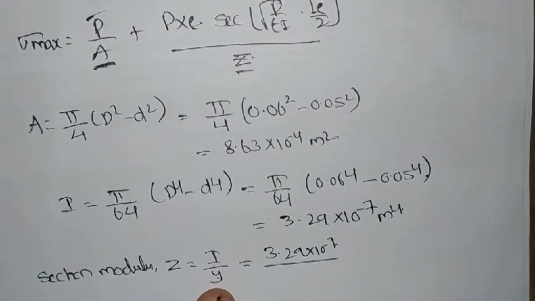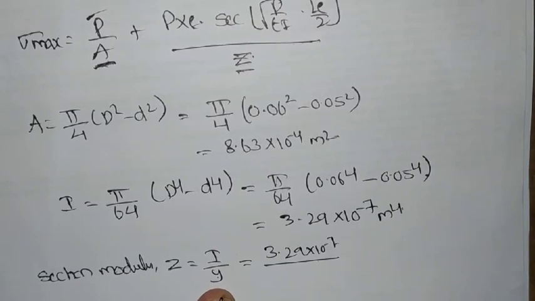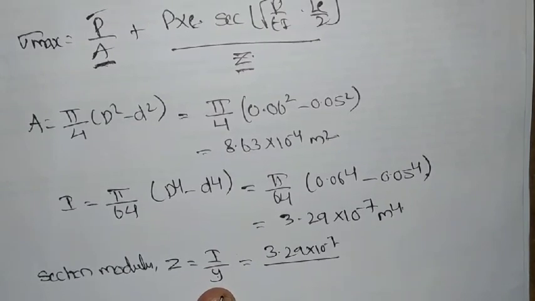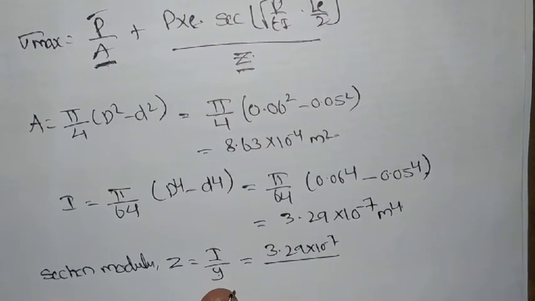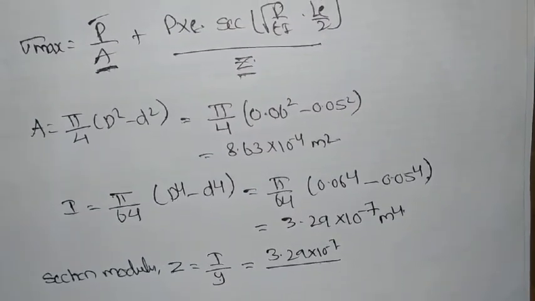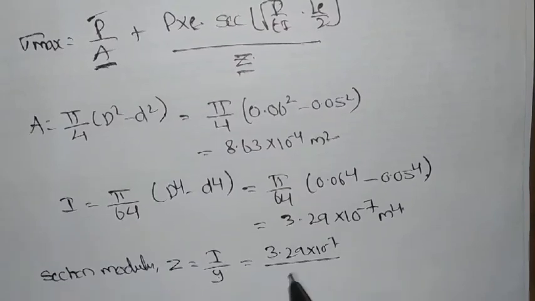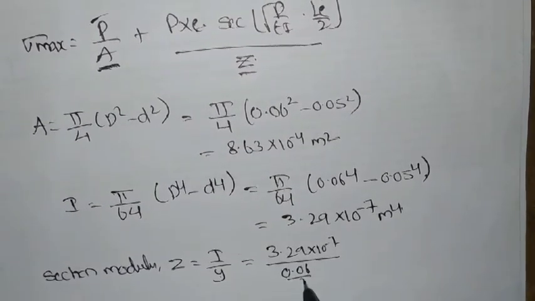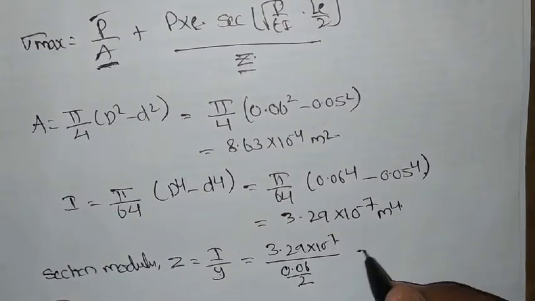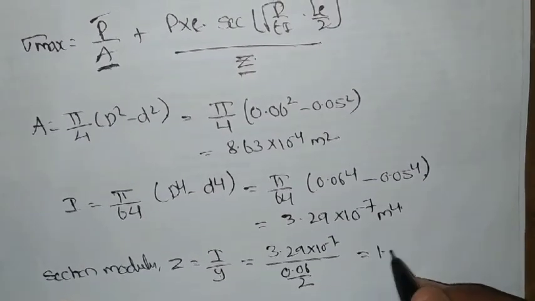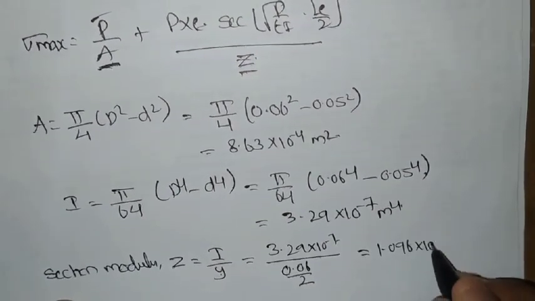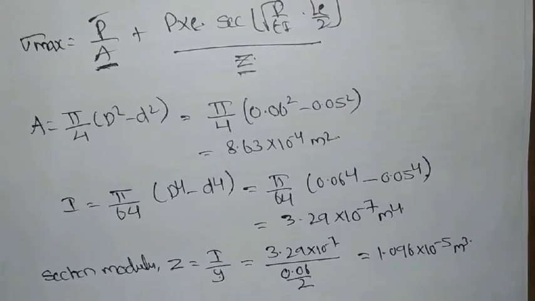Here the capital D is given as the diameter of our section, 60 mm. The center of gravity Y is going to be at capital D by 2, nothing but 0.06 divided by 2. By substituting this, we will get the value as 1.096 into 10 to the power of minus 5 meter cube.